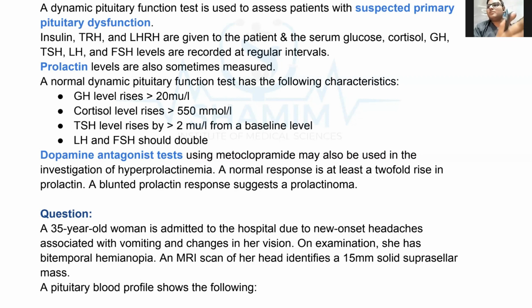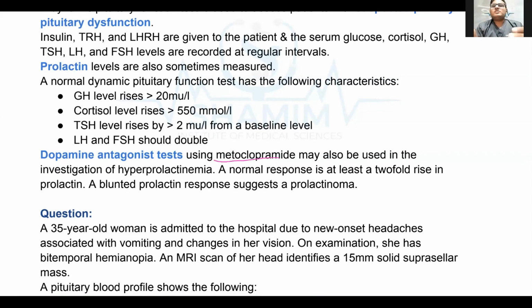Dopamine released from the hypothalamus acts on the anterior pituitary and inhibits prolactin and TSH. When we give a dopamine antagonist like metoclopramide, it is used to differentiate between hyperprolactinemia and a normal response. When normal, there is a twofold rise of prolactin, but when there is a prolactinoma, there will be a more than twofold rise of prolactin. So a more than twofold rise of prolactin suggests hyperprolactinemia.